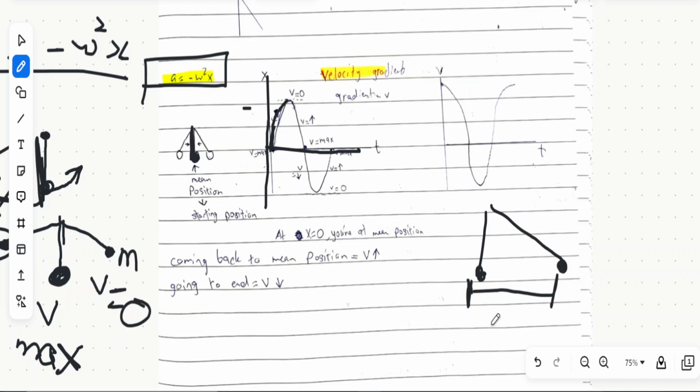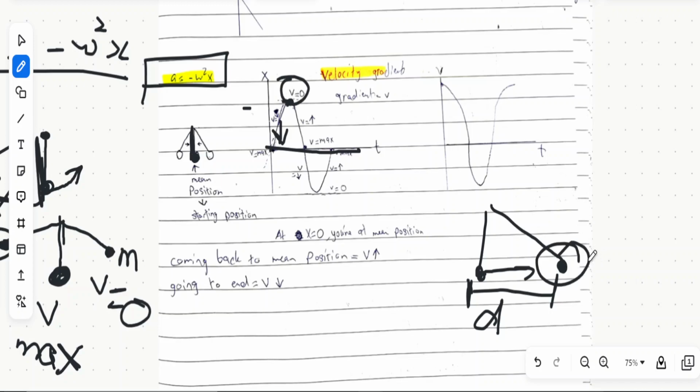So this is your maximum distance d. Now as the ball moves towards the right, as the distance increases, my velocity is decreasing, and then it reaches the maximum height.